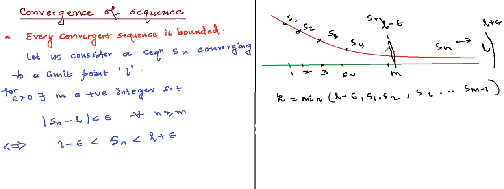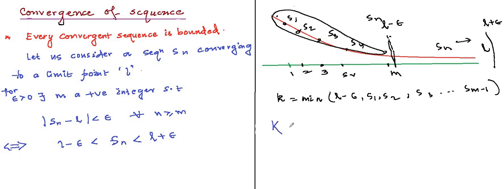Why? Because we are interested in finding out the lowest of this. We have to find the smallest value among these. For that we can say that the sequence is bounded below. So you have to find out what can be the minimum value from here to here, and definitely you will get a real number k.